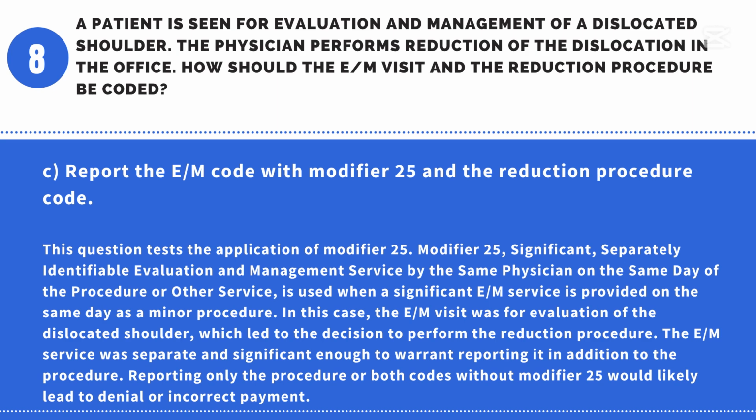In this case, the E/M visit was for evaluation of the dislocated shoulder, which led to the decision to perform the reduction procedure. The E/M service was separate and significant enough to warrant reporting it in addition to the procedure. Reporting only the procedure or both codes without modifier 25 would likely lead to denial or incorrect payment.